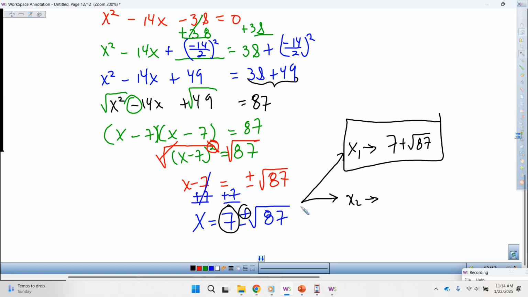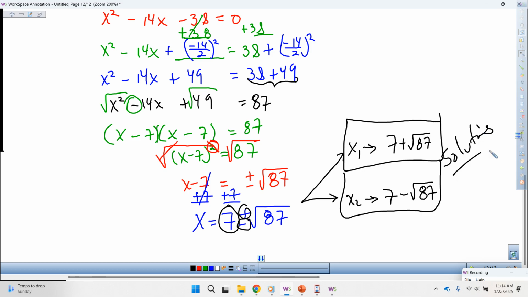What's my second solution? 7, but now it's what? Minus square root of 87. And these are my solutions. So it's fine if I leave it like that with a square root, Mr. Q? Yes, because that's going to be an exact answer. If you give me decimals, it's going to be approximate.